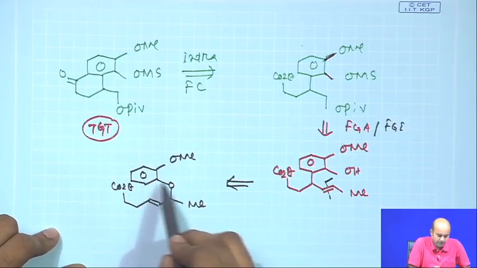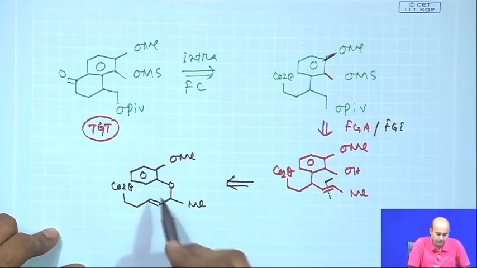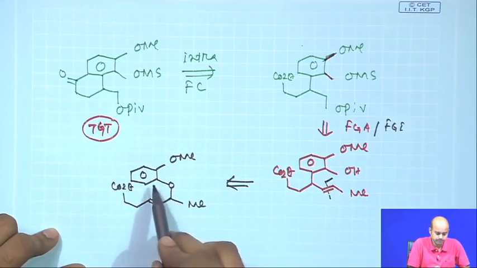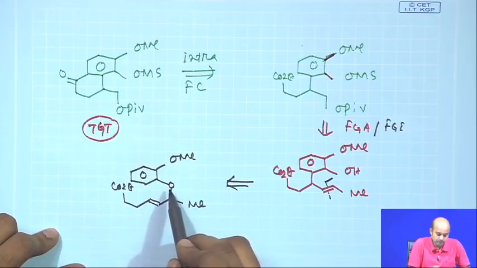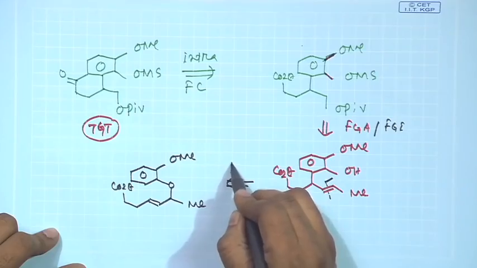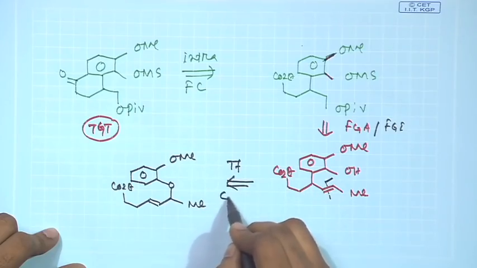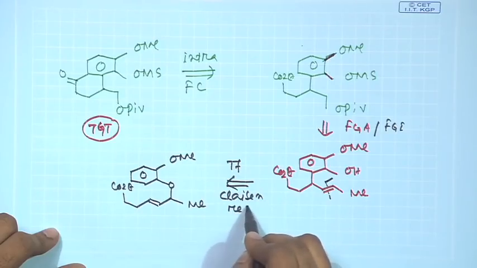Now, this transformation: a phenolic ether, basically an allyl phenolic ether. All of us know that this kind of phenolic allyl ether will undergo a 3,3 Claisen rearrangement. How we will explain this, we will discuss when we talk about the forward pathway. So, this is a transformation which you know as a Claisen rearrangement or 3,3 sigmatropic rearrangement.